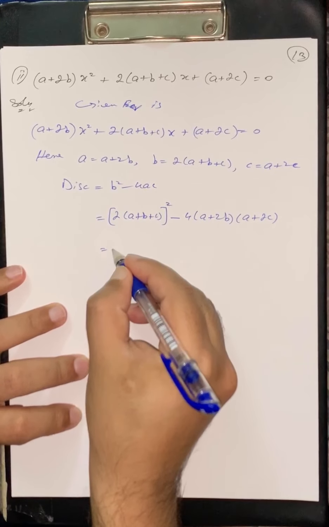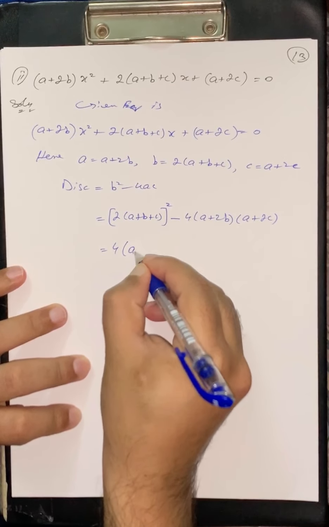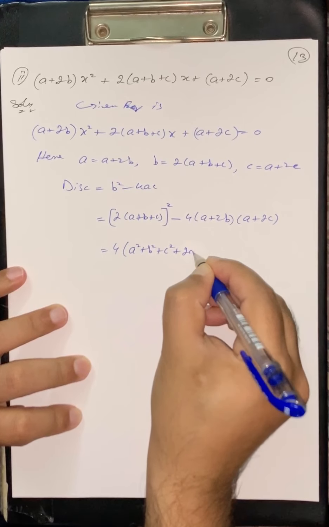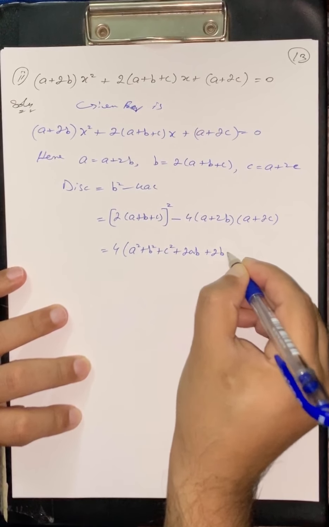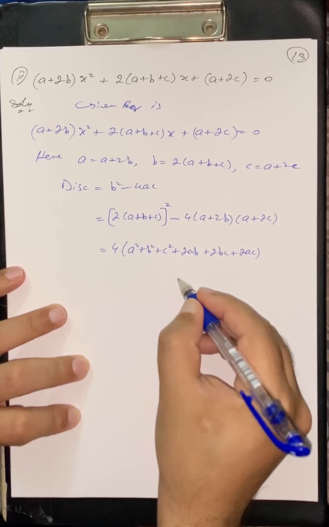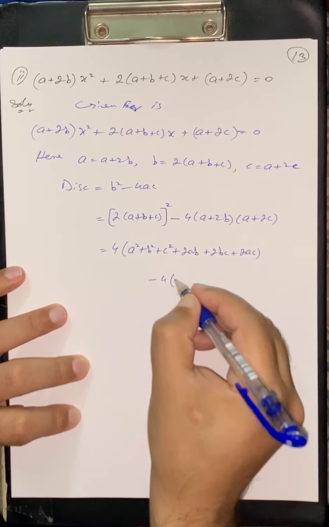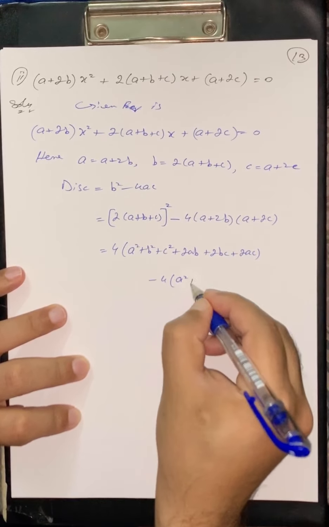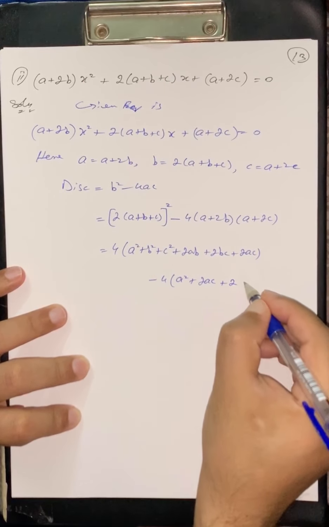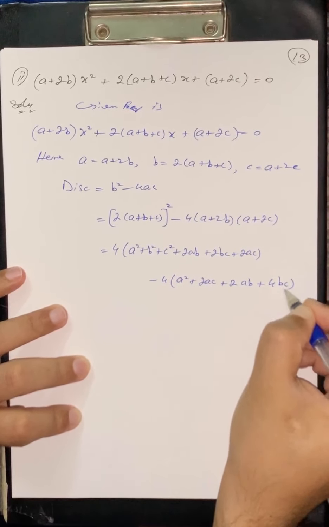Open the square. 2 square gives me 4, a plus b plus c whole square. Apply the formula: a square plus b square plus c square plus 2ab plus 2bc plus 2ac. This minus 4, I keep it out. Minus 4, keep it out. Multiply all. A multiply a gives me a square plus 2ac plus 2ab plus 2 2s are 4bc.